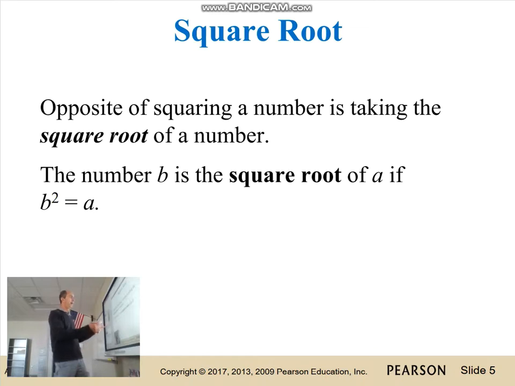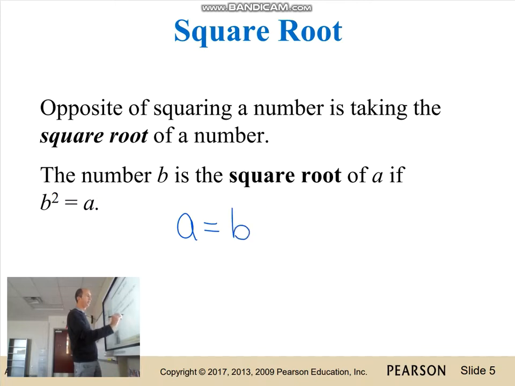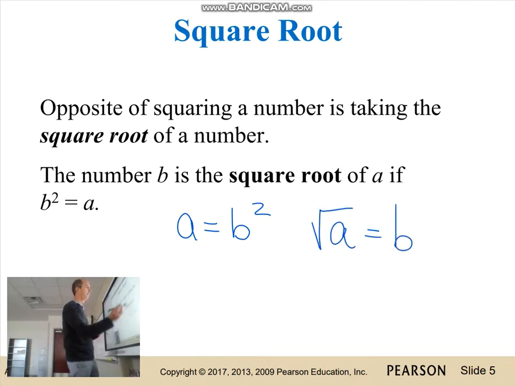So if you have a equals b squared, right? So you're going to have square root of a equals b. That's how you can define the square root of a number.